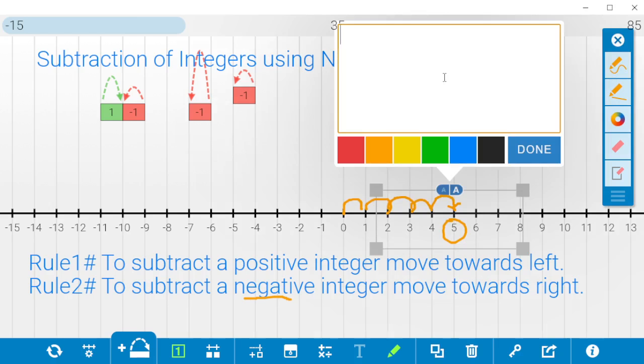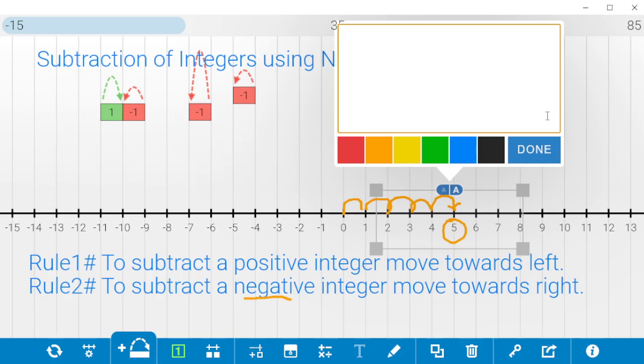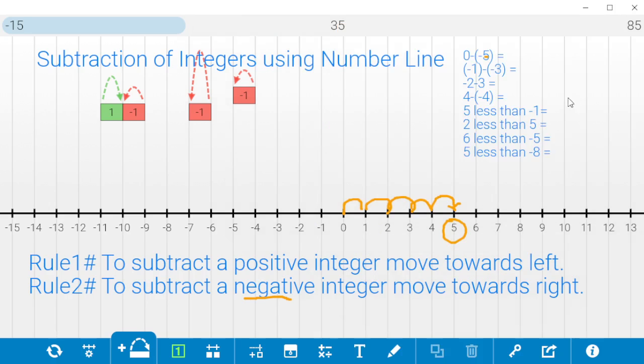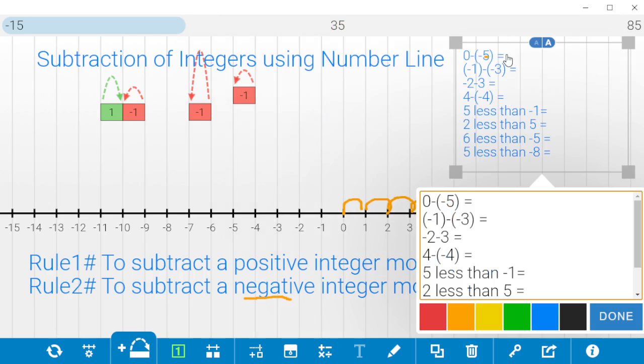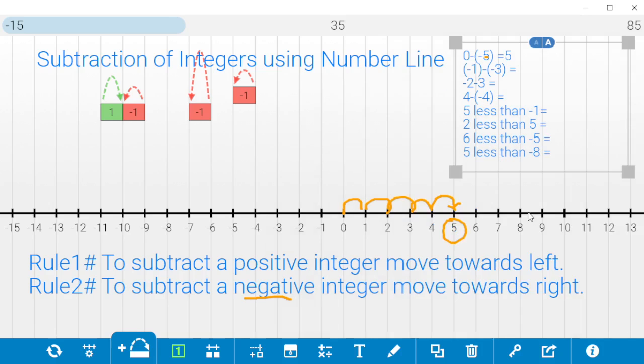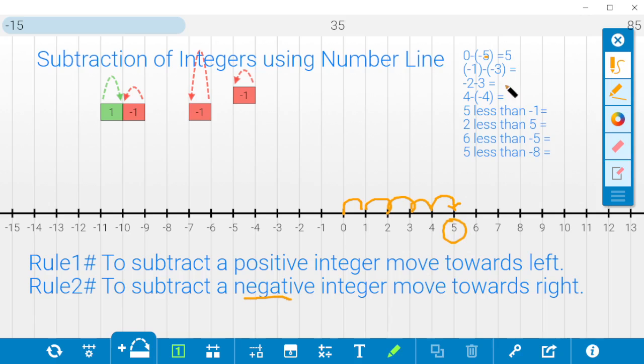So let's do the changes. So here it is. The answer is a positive 5, right? So this is one example which we have done. To subtract a negative integer, we have moved towards the right.